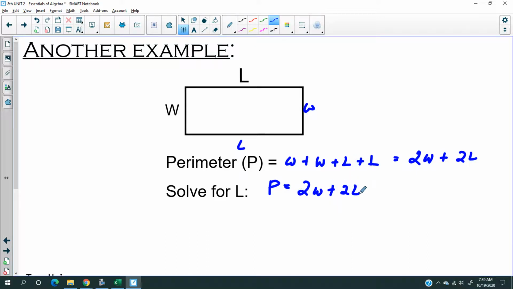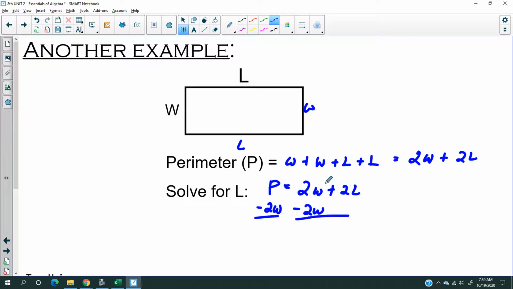Now, this is 2L, so we're going to leave this alone because the thing that's further away is actually the 2W. So I'm going to rewrite this. That means we're going to have to subtract 2W from both sides first.